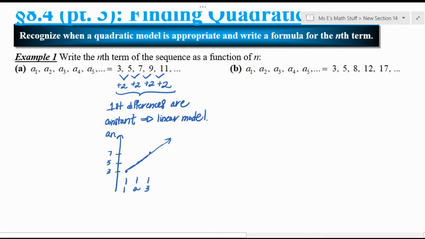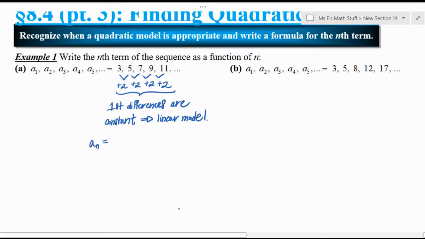So I'm going to give myself some room again here. But anyway, yeah, it's a linear model. That makes total sense, right? And so basically, you could have learned this to say, okay, well, I know that the model is going to be of the form, instead of mx plus b, maybe you'd have your common difference.